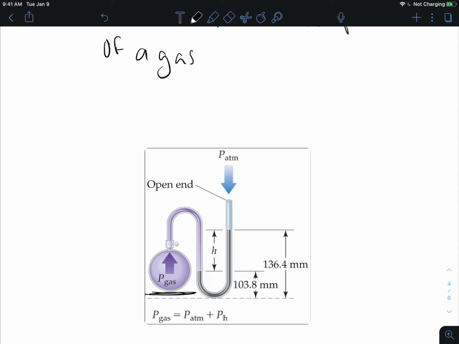You put that gas in, you open up this, and that gas is going to apply a pressure. That pressure is going to be applied to this gray bulb or tube, which is a column of mercury.